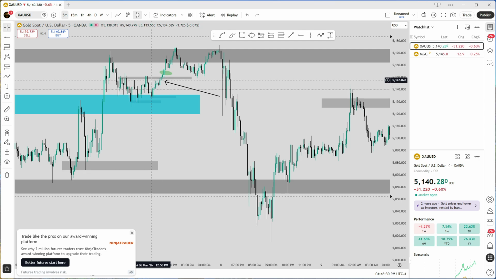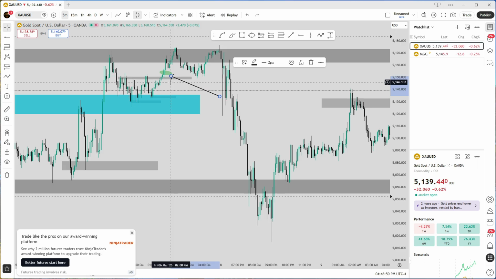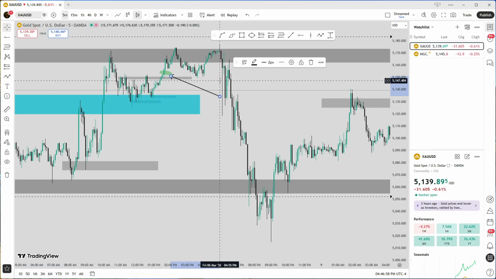So I want price to break above that blue line, because if I want to buy, I need price to continually go up, breaking highs, breaking sellers. So I wait until price is above this area here, and as you see this green circle, that's where I enter for a buy.